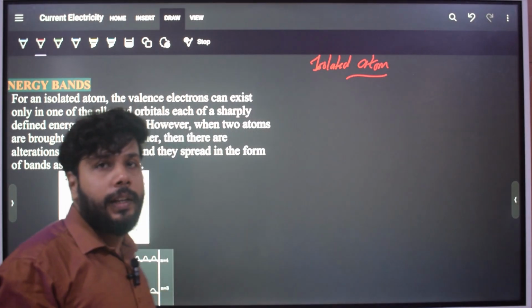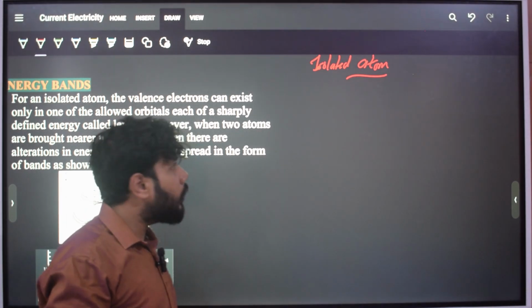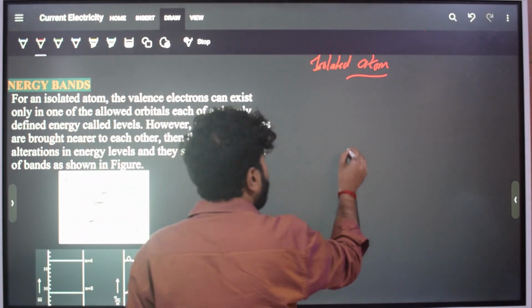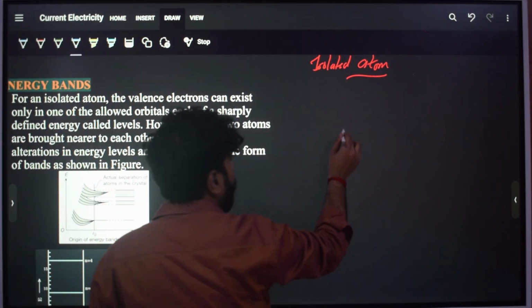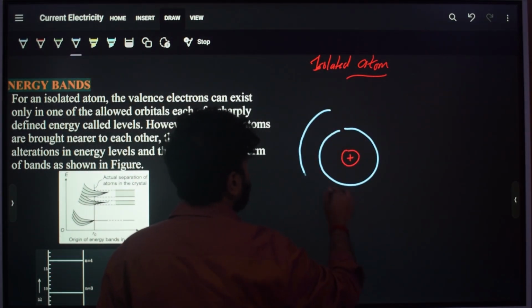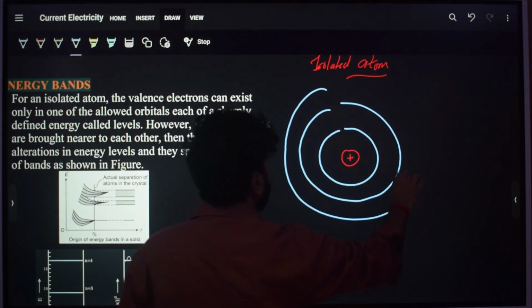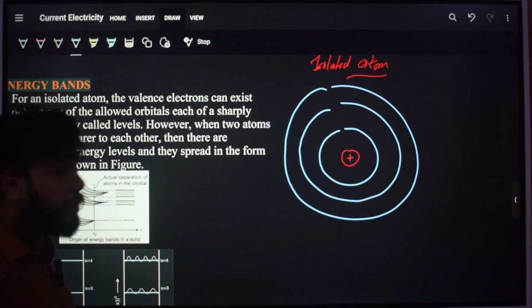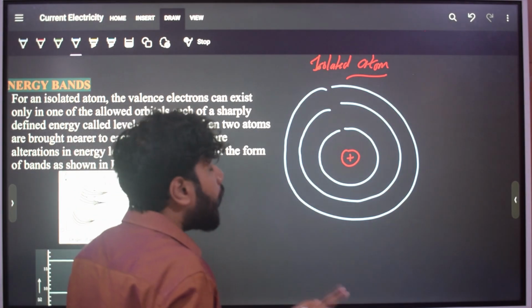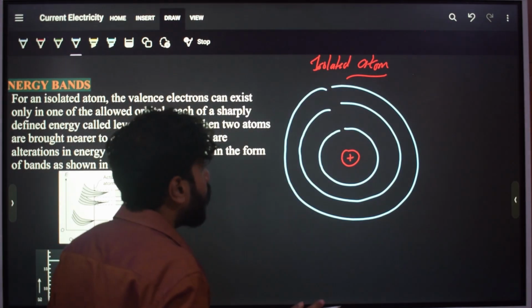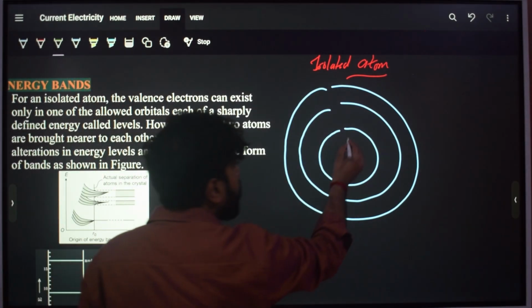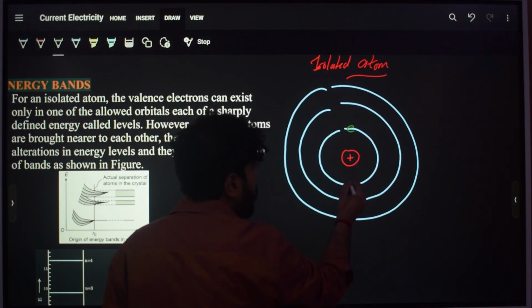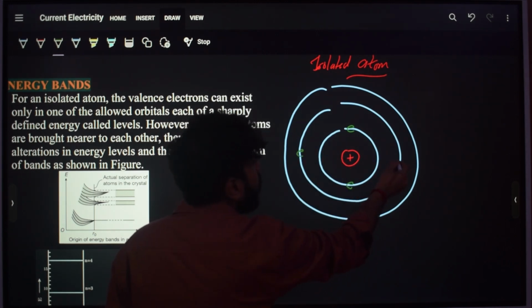Each electron of that atom will be influenced only by the nucleus of that atom. It will have some orbits, and because there is only one nucleus, the influence on the electron is only due to this particular nucleus. In that influence, each energy level, an orbit is also known as an energy level, will have defined energy values.